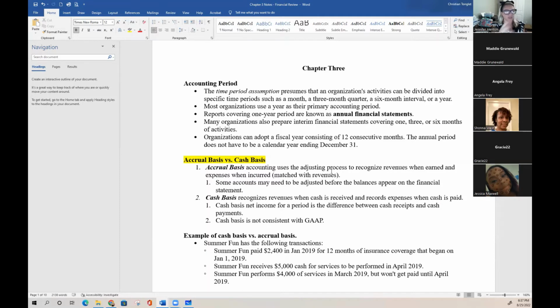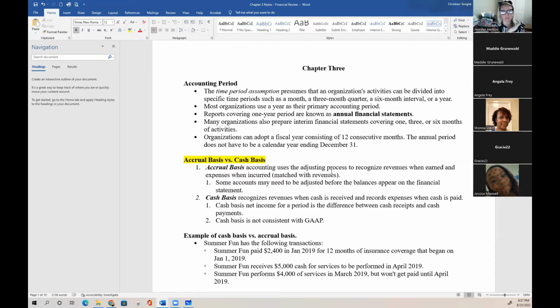And then we also have the expenses recognized when we have the expense incur. Remember, we talked about that prepaid insurance. Well, I paid a bunch of money up front, and I'm going to take it and divide it by 12. And little by little, I'm going to put on my books that expense. So that's what I'm talking about when you recognize the expense when it happens.